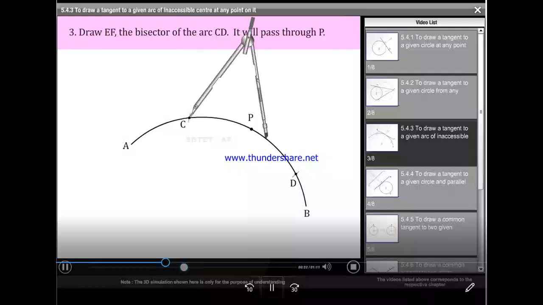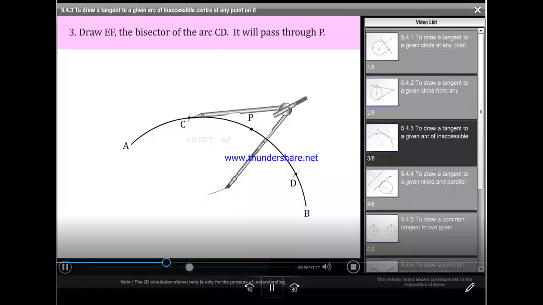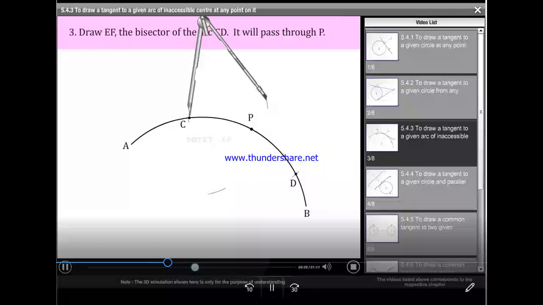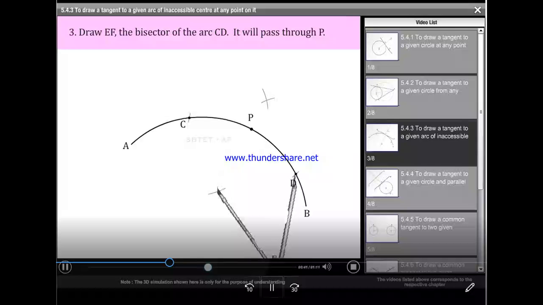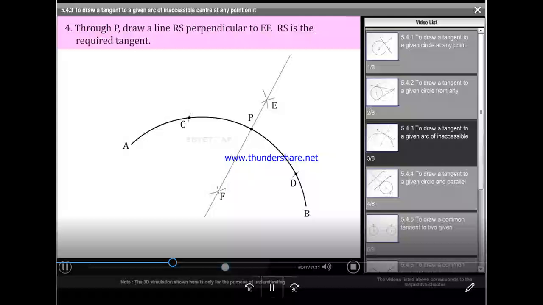It will pass through P. Through P, draw a line RS perpendicular to EF. RS is the required tangent.